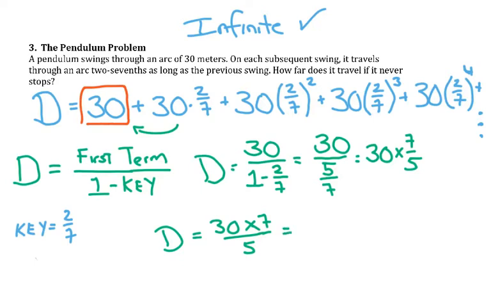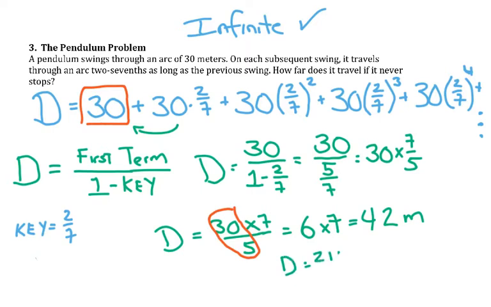And then I like to simplify this piece right there. What's 30 divided by 5? Isn't that just 6 times 7? Which is what? This is 42 meters. Now, if you had multiplied it out another way, you would have gotten 210 divided by 5, and you can put that in your calculator, and you would get the same answer.